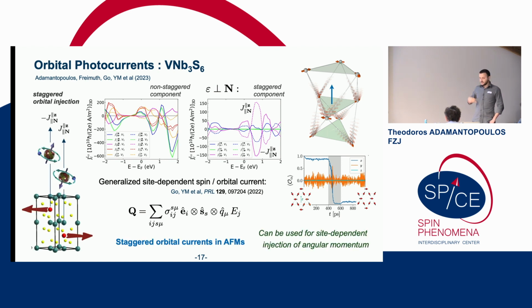And this makes us think of a scenario where we have staggered orbital currents in an antiferromagnet that we might be able to use for sublattice-dependent injection of angular momentum, and with possibly interesting dynamics following this injection.